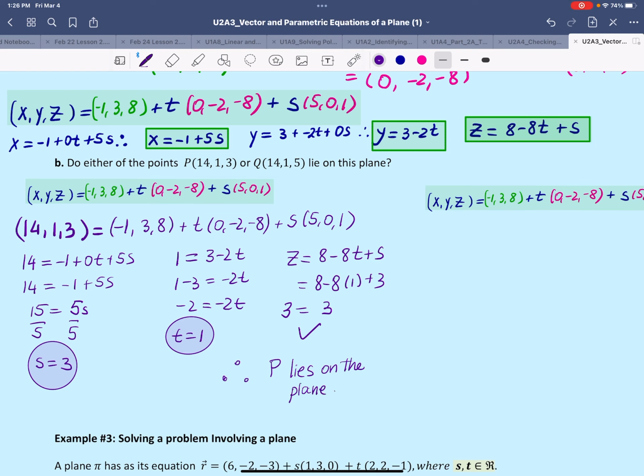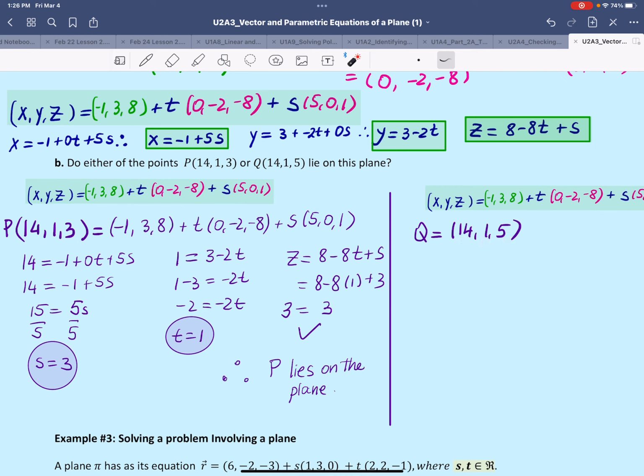Now let's take a look at point Q. Okay, the coordinates of point Q are 14, 1, and 5. And what I would like you to take a look at here is the coordinates of P and Q and compare. So here is P with 14, 1, 3. Here we have 14, 1, 5.